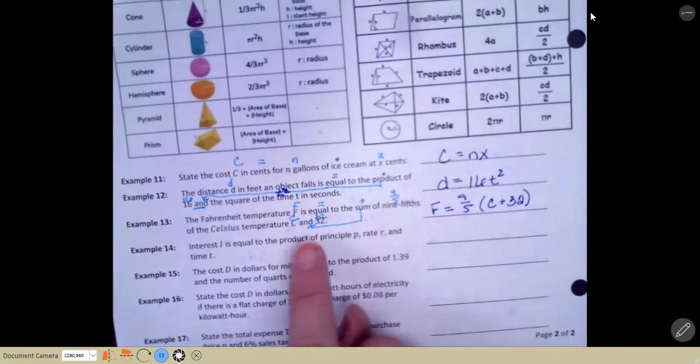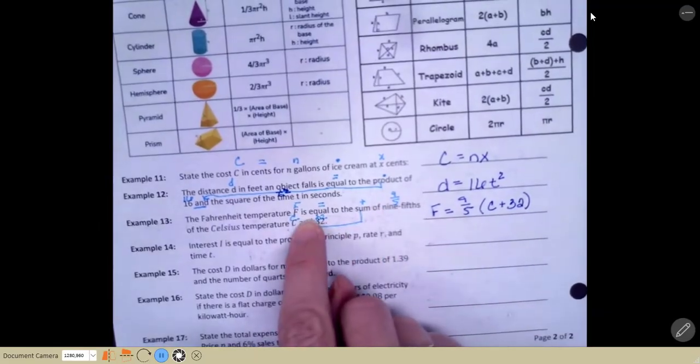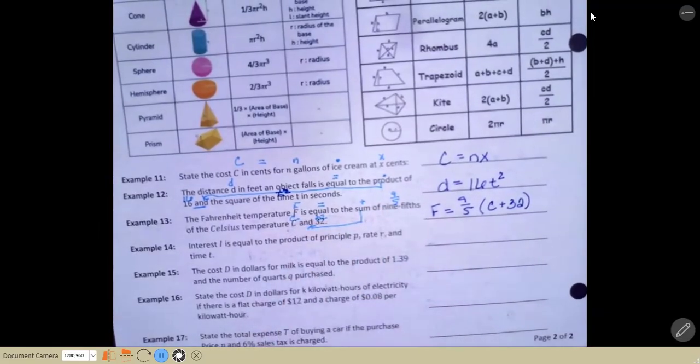It's not 9/5 times C. It's 9/5 times the total sum of these two. Okay. So that can get a little bit confusing until you get used to it. So probably on this homework, I'll give grace on this, but then check your homework. If I put parentheses around it, then next time you'll need to put parentheses. Okay.